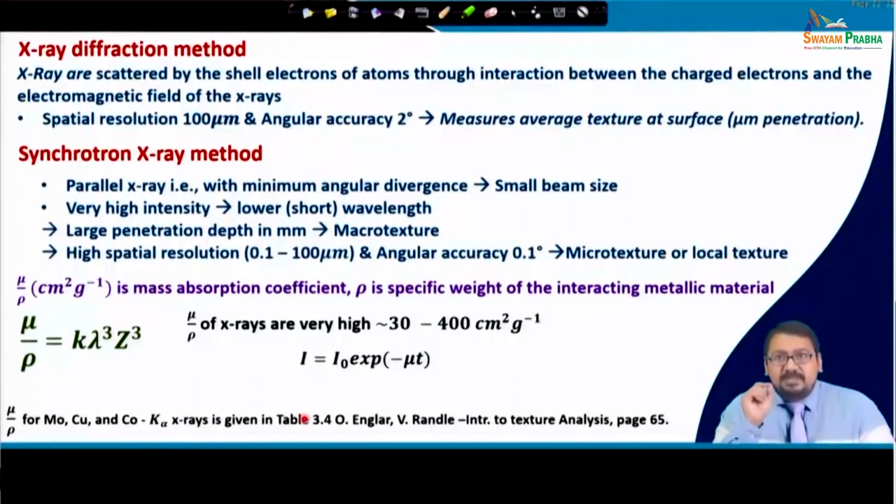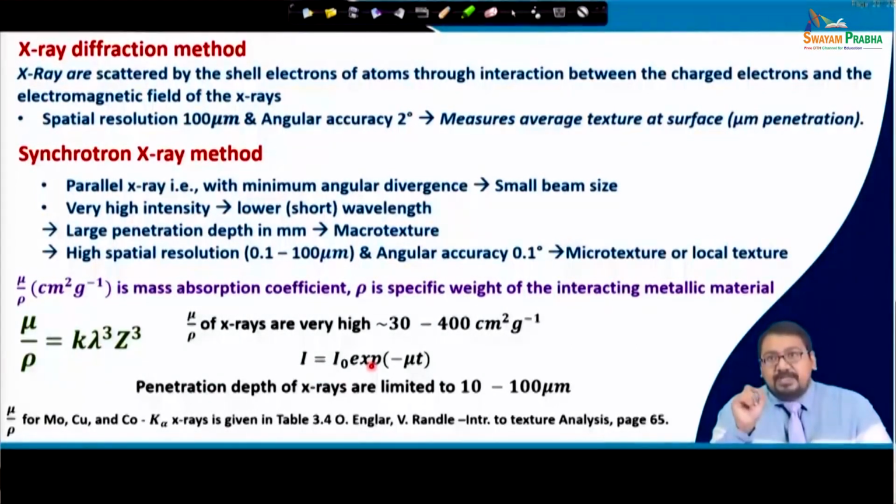So, if the intensity I0 is incident on a certain matter and then it is diffracted, let's say in the reflection geometry or in the transmission geometry, the diffracted beam that is coming out, that is I, is given by I equals I0 exponential minus mu t, where t is the thickness of the material through which the absorption has taken place.